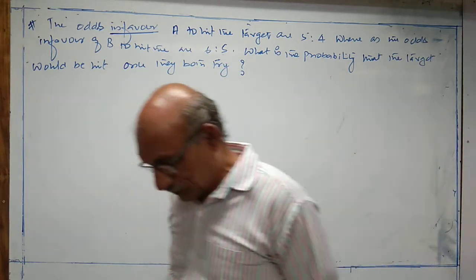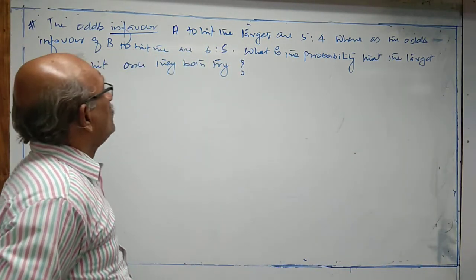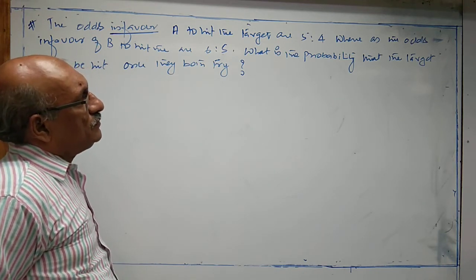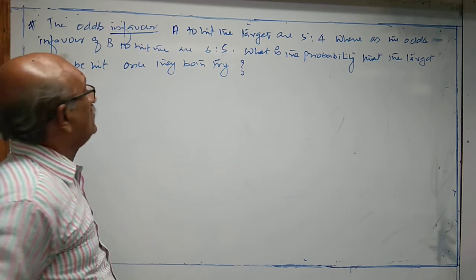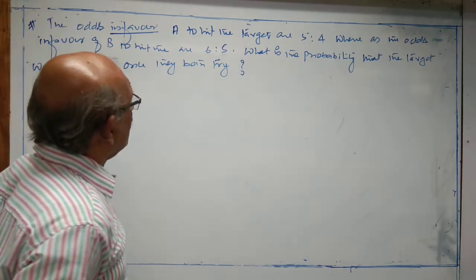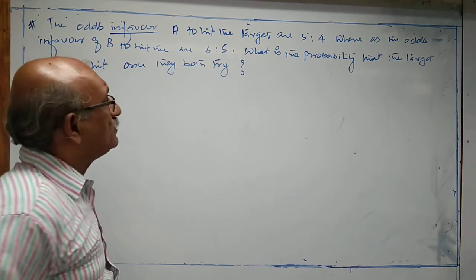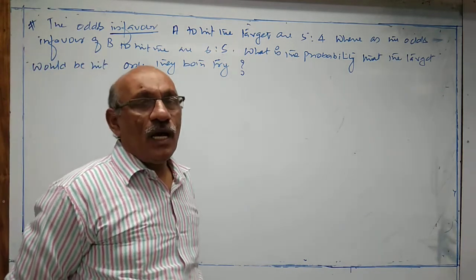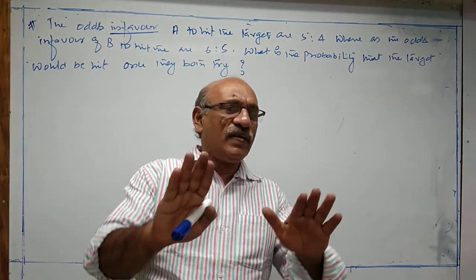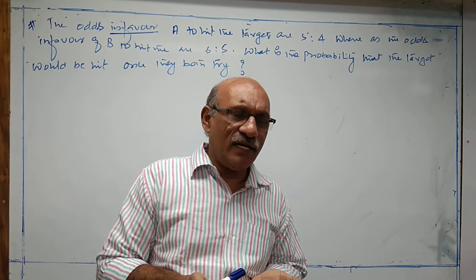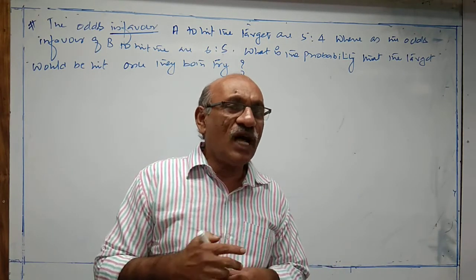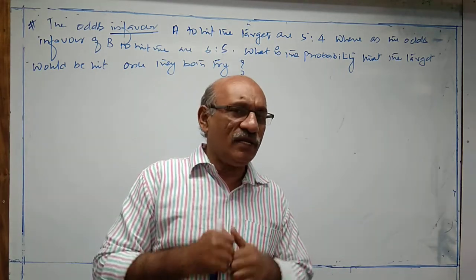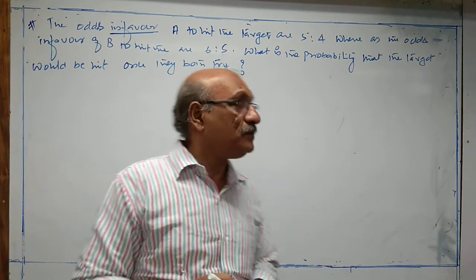Okay. What is given, sir? Odds in favor of A to hit the target are given as 5:4. Odds in favor of B to hit the target are 6:5. What is the probability that the target is being hit? Target being hit means if at least one of these two will hit the target, then that is the answer. A may hit the target, or B may hit the target, or both may hit the target.